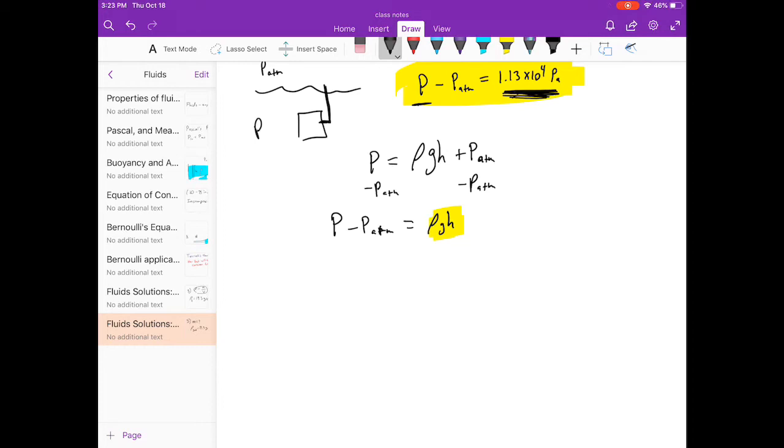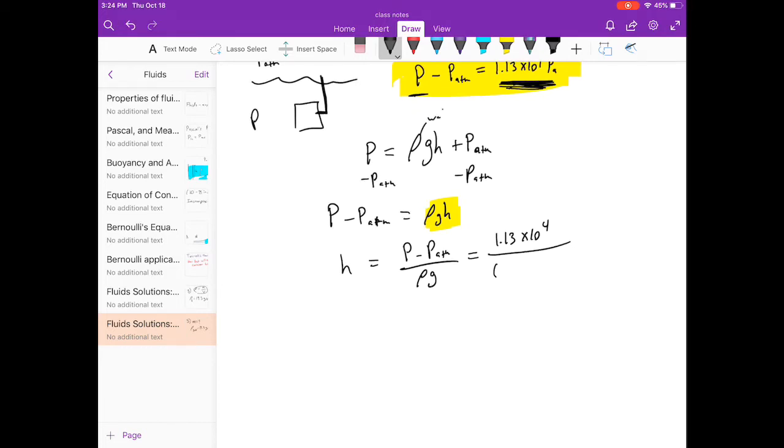If we solve for h, we find that h is equal to P minus P atm over rho g, which we said was 1.13 times 10 to the fourth divided by rho of water. This is the density of water because that is the environment he is sitting in. He's under the water, and the density of water is 1,000 kilograms per meter cubed.